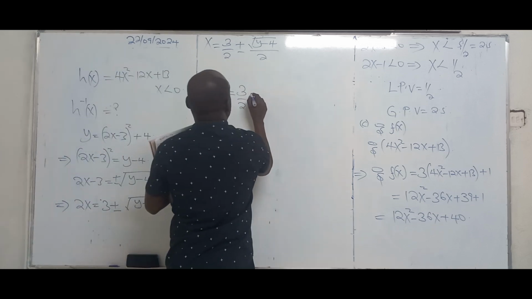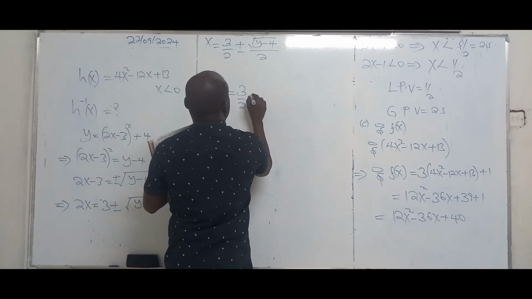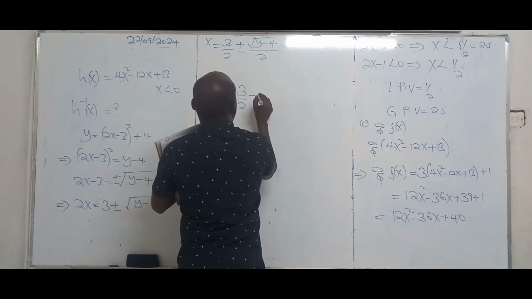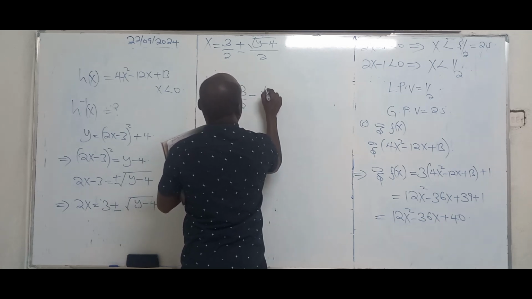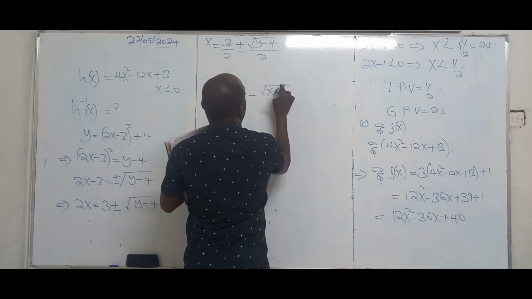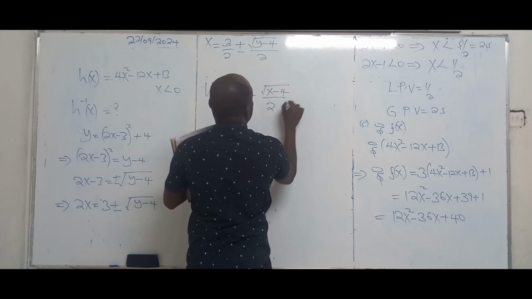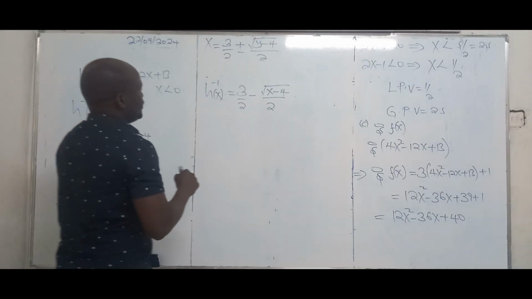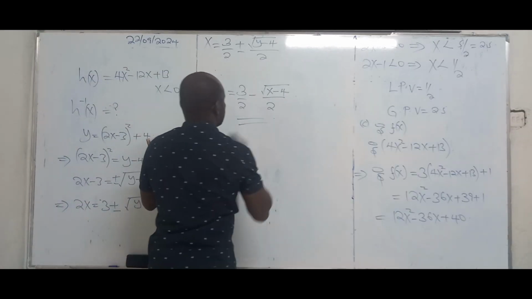So we take 3 over 2 minus root of x, where there's y we put x, minus 4, all over 2. And that's the answer to that last part.